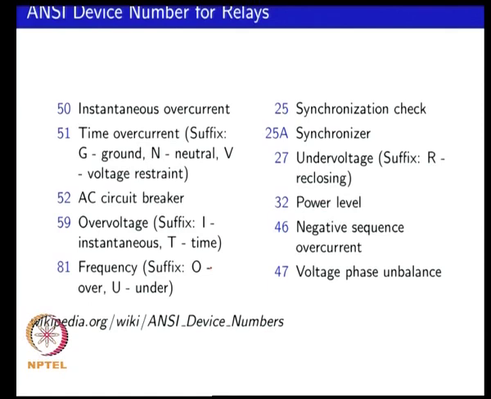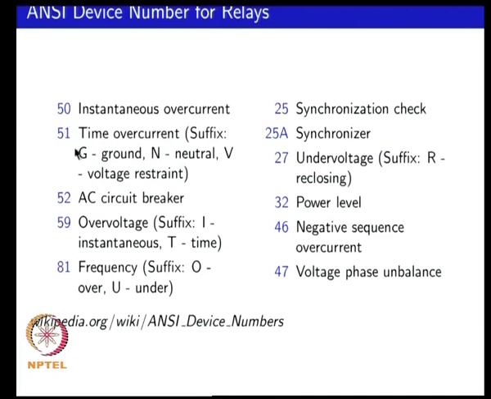If you look at the relay types, ANSI has provided a list of relay numbers. For example, 52 would be the ANSI number for an AC circuit breaker. You would have instantaneous overcurrent relays that correspond to ANSI number 50. 51 would correspond to time overcurrent.